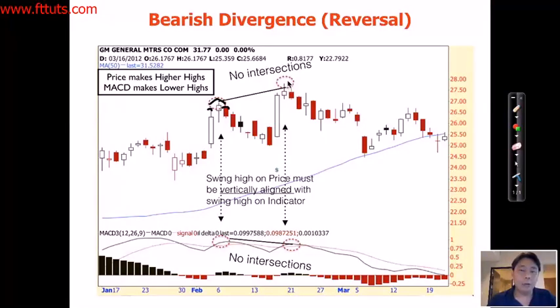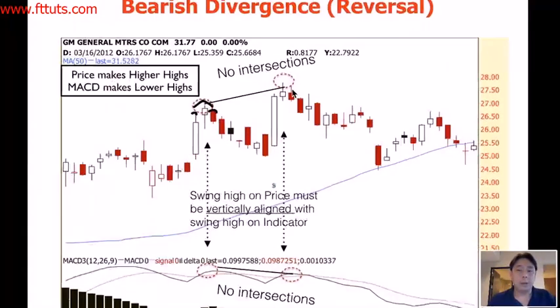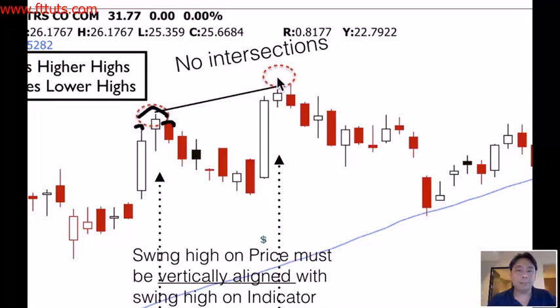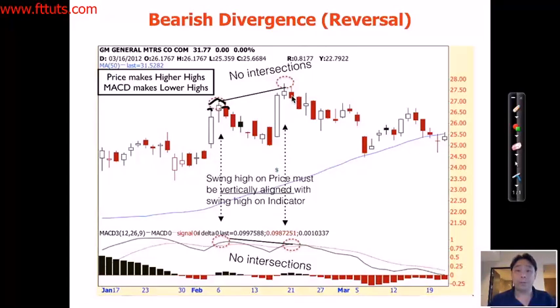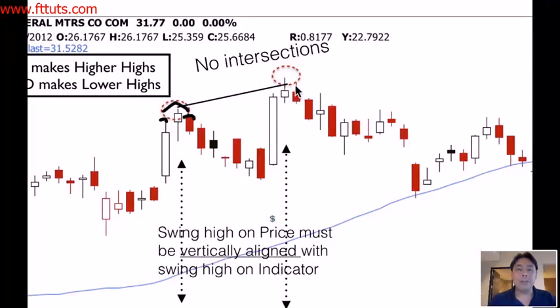Again, how do you know that this is a swing high? Because this high is higher than the previous high and higher than the next high. So you would only know that this is a swing high only after this candle has closed, right? Before this candle closes, you will not know that this is a swing high, because if this candle made a higher high than this candle, then this would be the swing high, right?